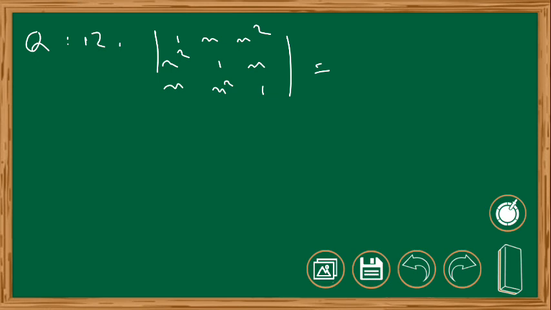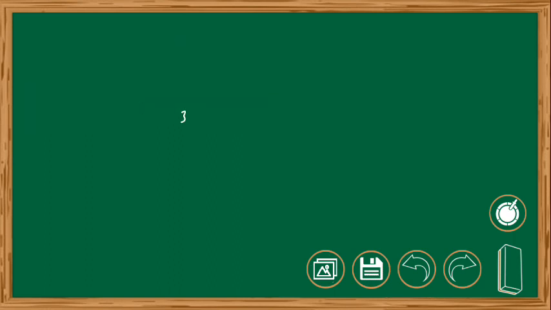Now the first thing I am going to do is column 1, I am replacing by column 1. All right, let me change the trick. What I'll do is row 1 I'll replace by row 1 plus row 2 plus row 3, right?